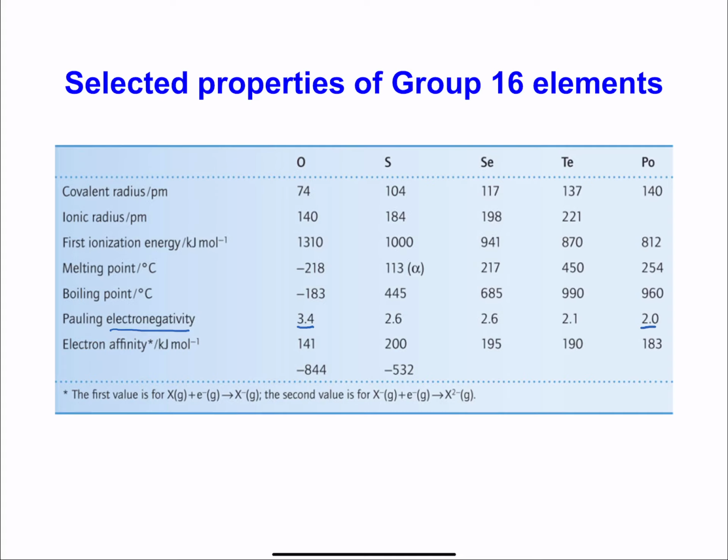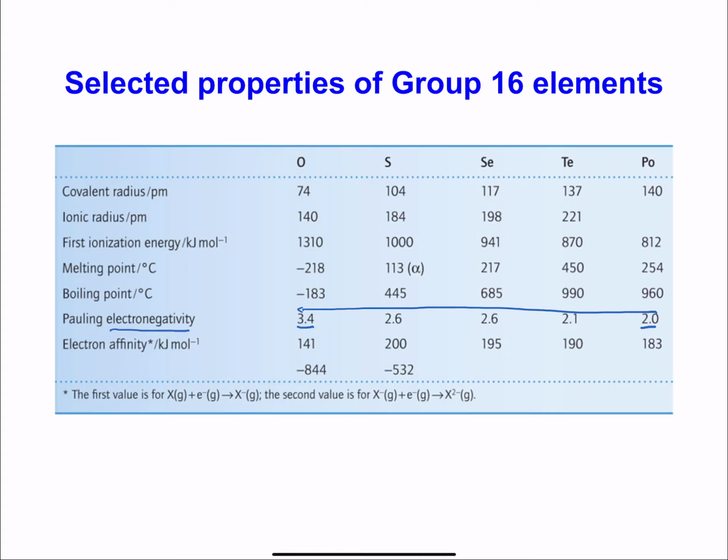That's a trend: it increases from bottom to top. As you recall, for main group elements in the same period, if you move from left to right, electronegativity increases. Make sure you remember the trend.